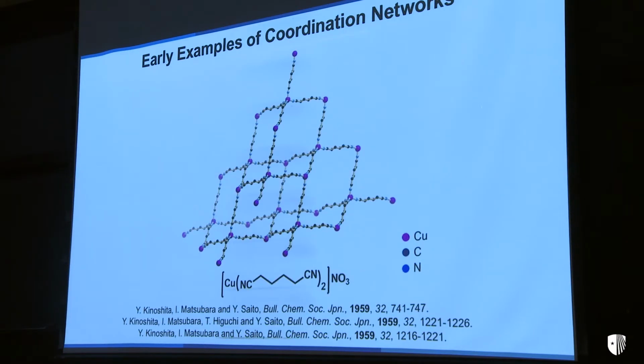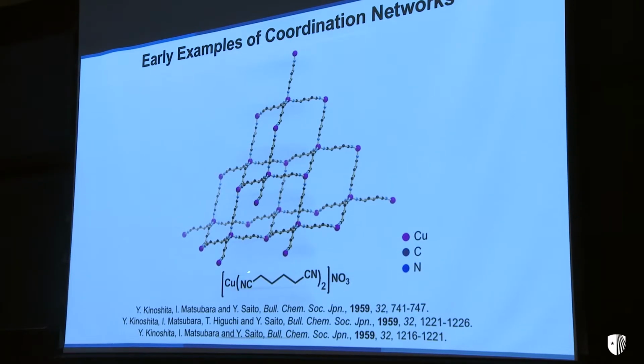I think the very first example of metal organic porous structures or open structures was in 1959. And this you will find in Wells' textbook, Solid State Chemistry. And it's basically a copper 1 that is linked by adiponitrile.